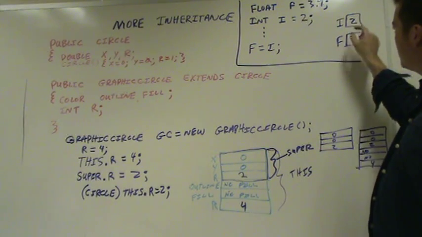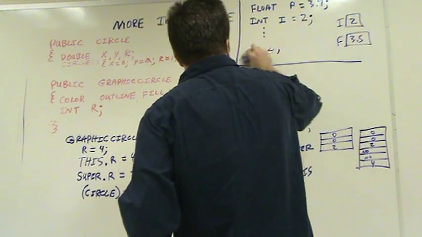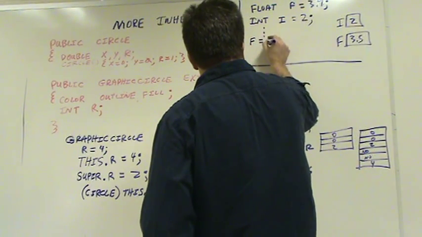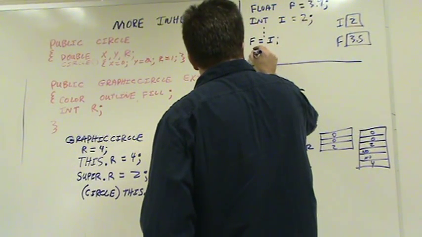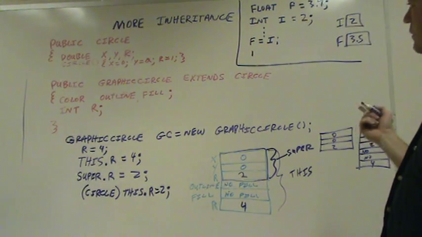And an integer can't hold a decimal. So if we said f equals i, you would lose the resolution.